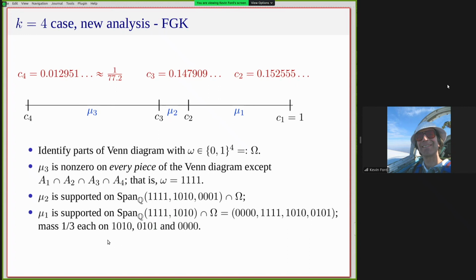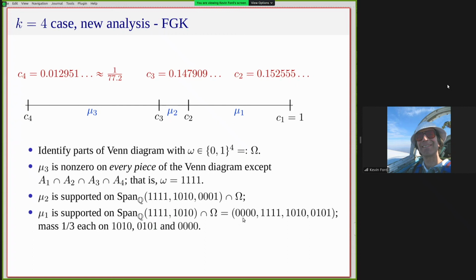But there's also some linear algebra going on behind the scenes. Mu2 is supported on, okay, if capital Omega is the Venn diagram pieces indexed by the discrete unit cube, then there's a certain subspace intersected with the cube where mu2 is supported, and an even smaller subspace where mu1 is supported.